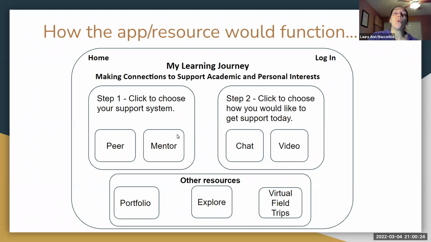After they choose whether they would want to talk to a peer or a mentor, then they would choose whether they would prefer some sort of chat platform or a video conferencing platform for their communication, depending on their comfort level and needs.